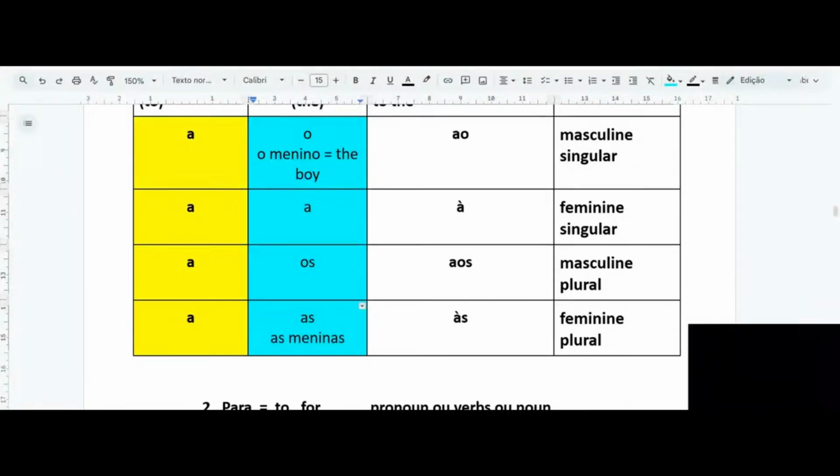Then it means they are plural for the girls. So "to the", then that one becomes "às". So you could see this "as" and this "às" sound the same, but the spellings are not the same. Okay, because of this sign, it means "to the". Okay, "to the". Okay.